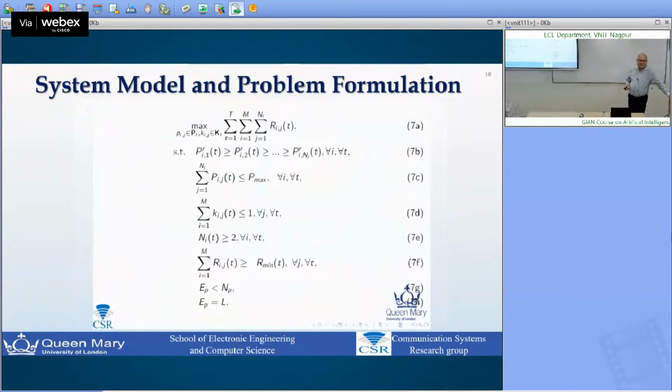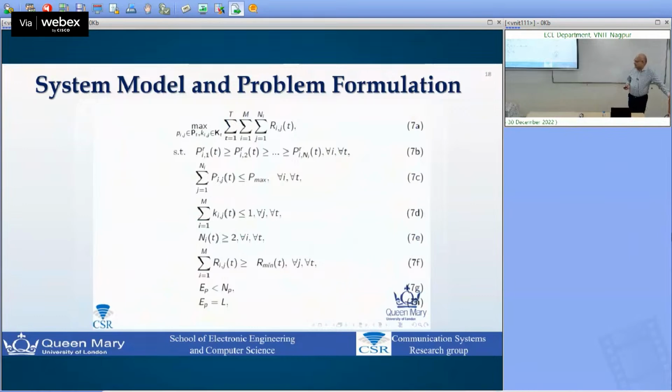These two parameters, they dynamically select. If it is fully trained using the training data set, then they can make the decision online. That means every time slot, they dynamically select the required parameters.